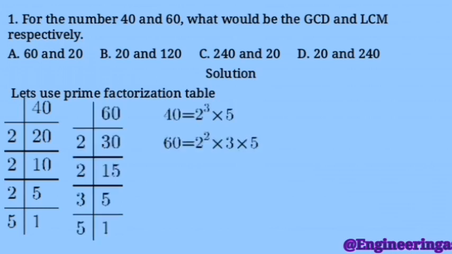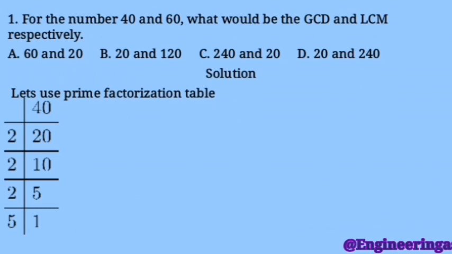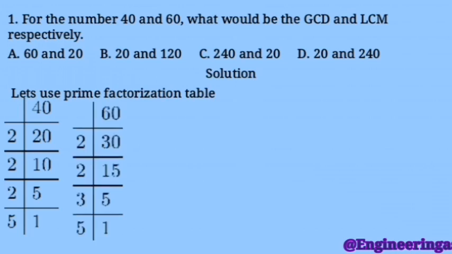Okay, so 40 will have 2 raised to 3 times 5, 2 raised to 3. So 60 will have 2 raised to 2 times 3 times 5.